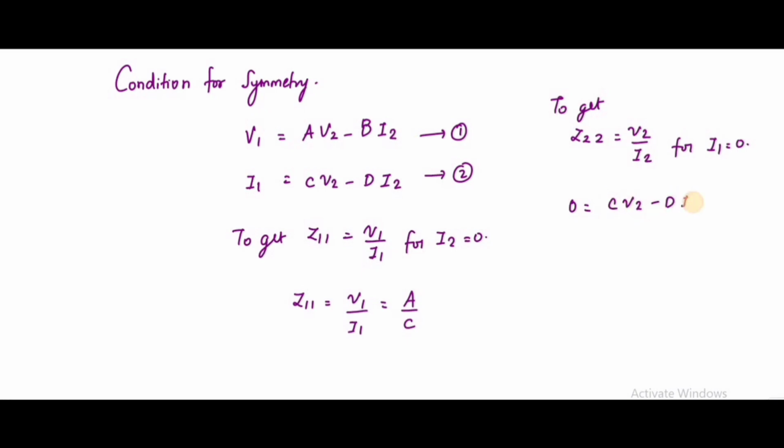Substituting in the second equation, 0 equals C V2 minus D I2, so C V2 is equal to D I2. So V2 by I2, that is Z22, is equal to D by C.